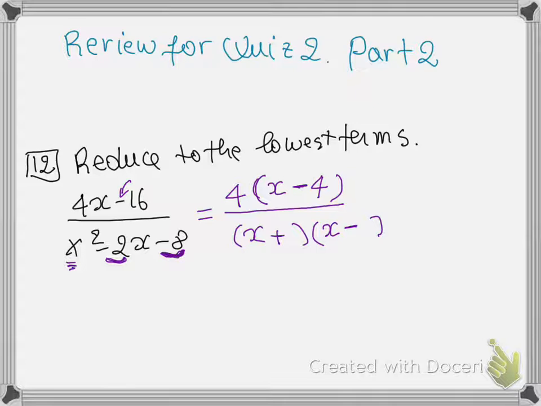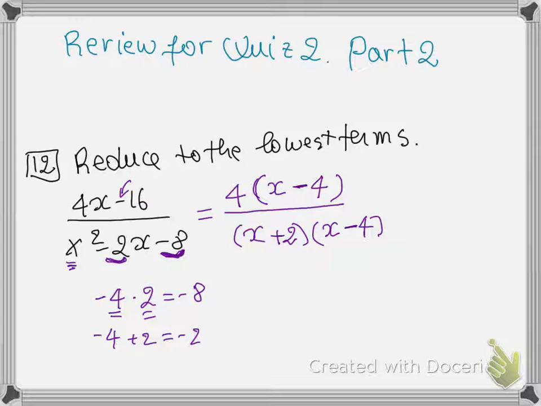So factors of negative 8 that add up to negative 2 will be negative 4 times 2 equals negative 8, and negative 4 plus 2 equals negative 2. So the pair of numbers that we'll be looking for is negative 4 and 2. So 4 goes with a negative and 2 goes with a positive.